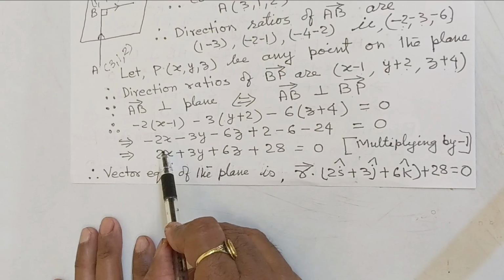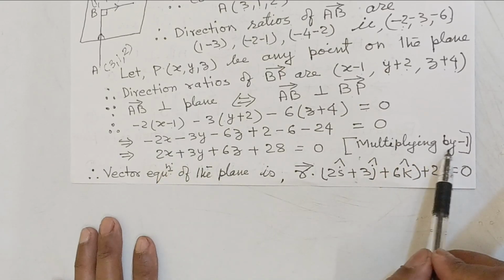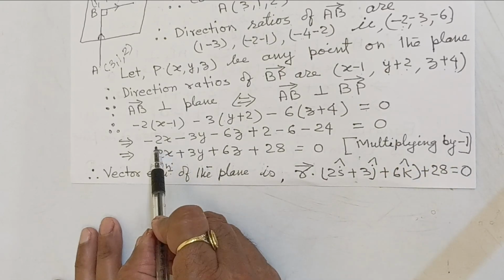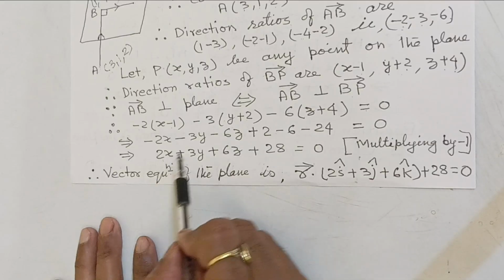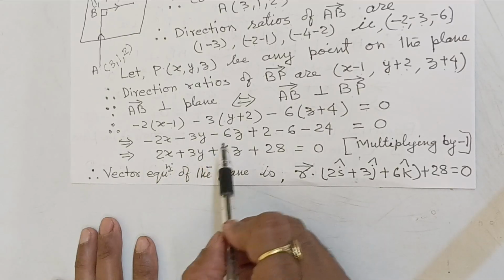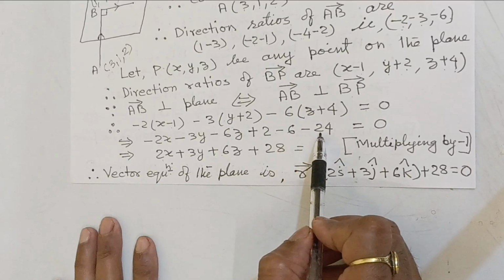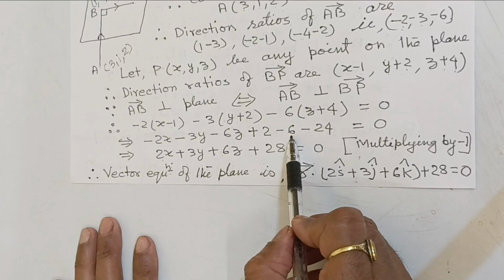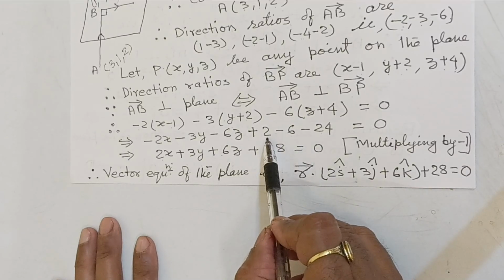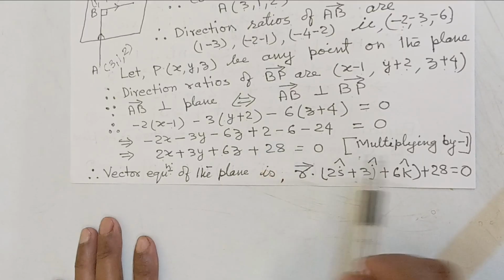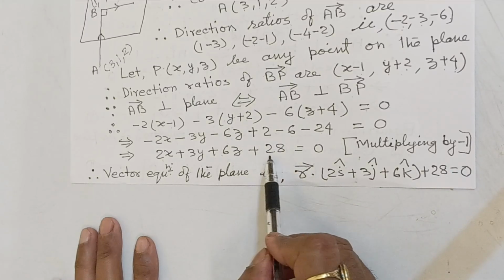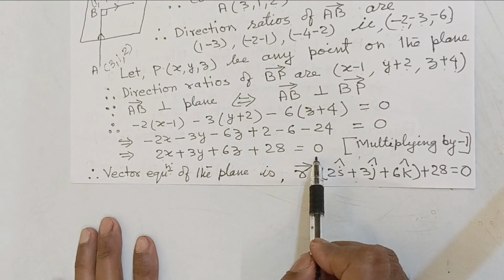Multiplying by minus 1, it becomes 2x plus 3y plus 6z, and the constant is minus 28 which becomes plus 28 after multiplying, so 2x plus 3y plus 6z plus 28 is equal to 0.